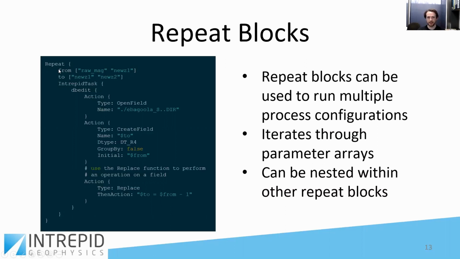We've got this array called from, and you can set in a number of values inside of this array, and then the repeat block will rerun through whatever tasks you have specified, substituting in these values each time it runs through. So that's just a way to run through multiple data sets or combinations of data sets at the same time.